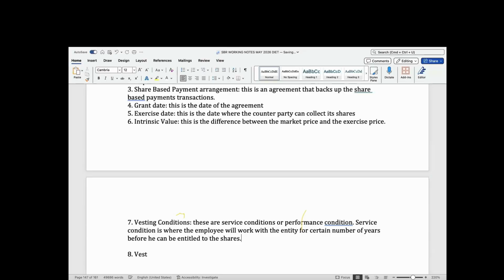Before you can get these shares, you need to work for us for a certain number of years. That's service conditions.